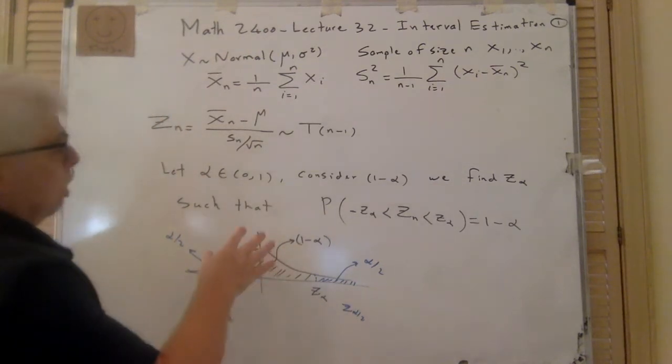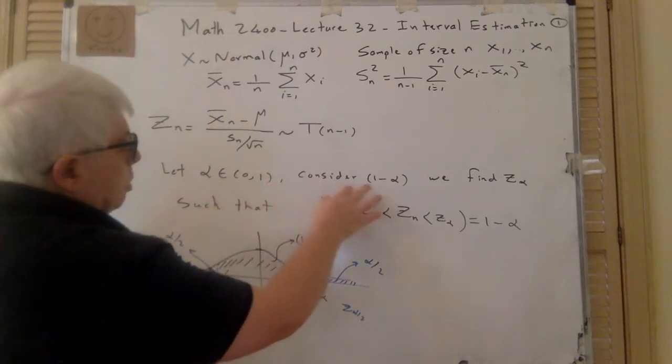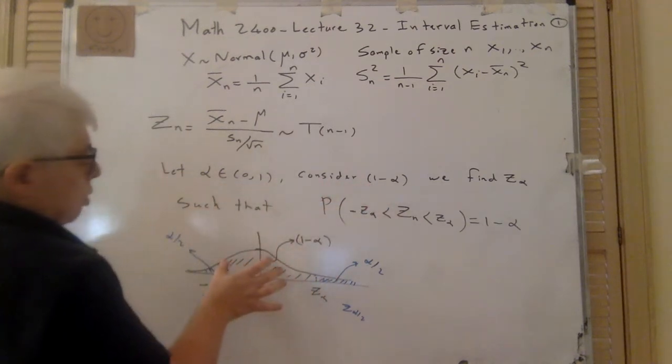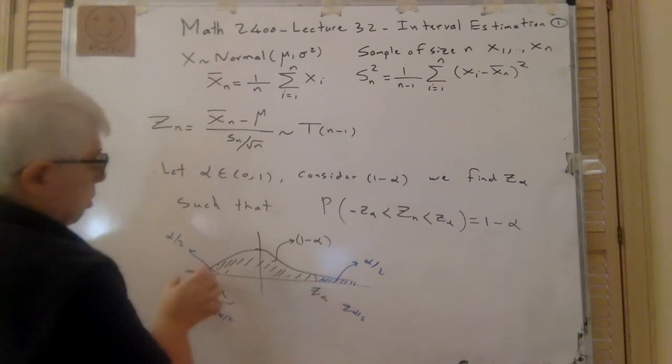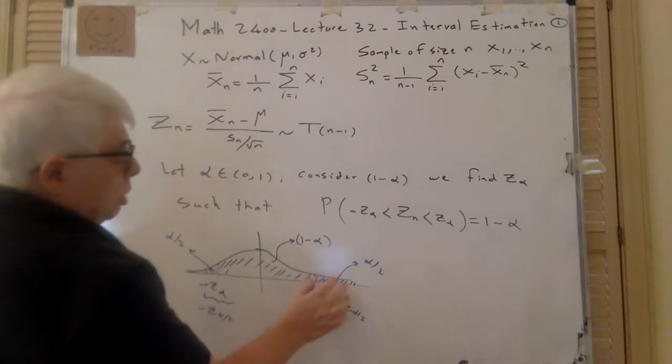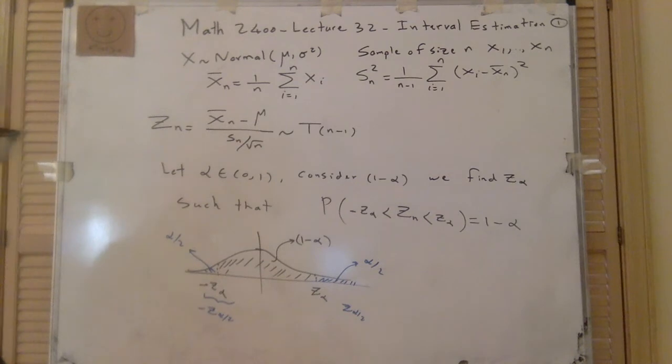And you can see why I chose alpha, and then I said 1 minus alpha, because 1 minus alpha is this, and we're dealing with these, say, residues or something. So let's say we can find these two. It is not that hard, but as I said, it's like the inverse of that t.